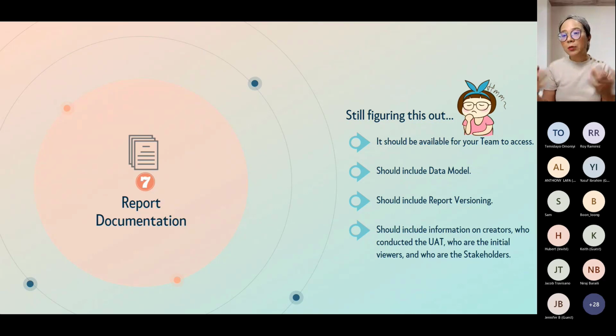What worked previously for me is more the Excel. The same Excel file that I keep from requirement analysis until UAT is the same documentation that I keep until I publish the report. But I would say this is not the best way.